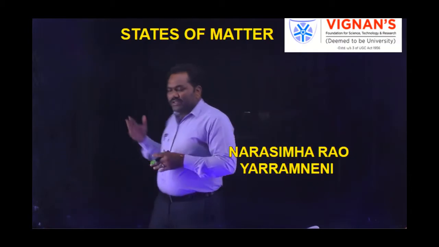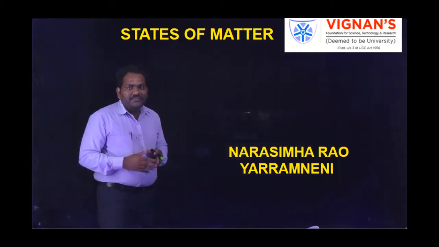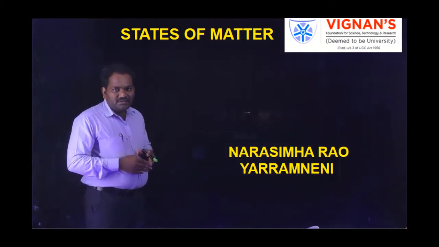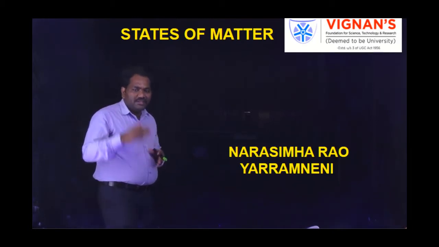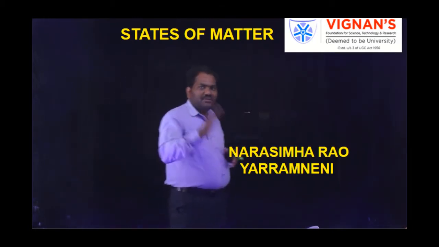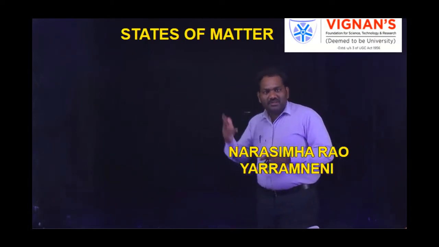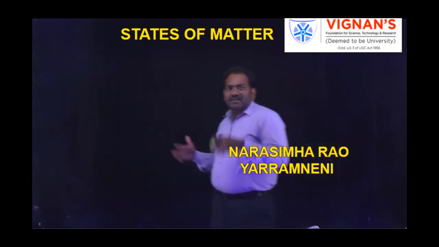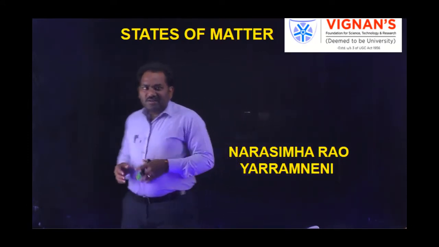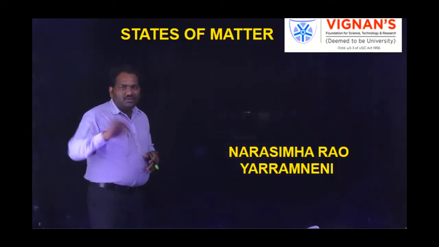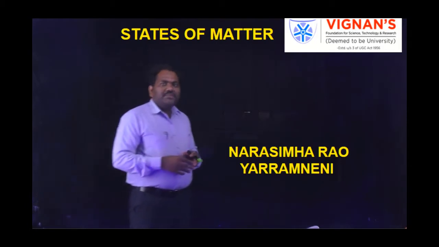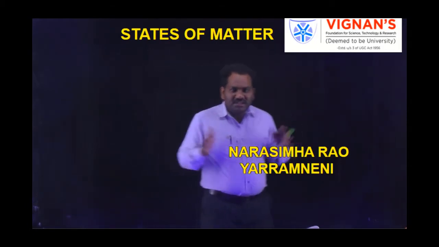According to Dalton's atomic theory, all substances are made up of fundamental particles, called molecules or atoms. According to Gay-Lussac's law, it depends upon the volume. So he combined both conclusions.